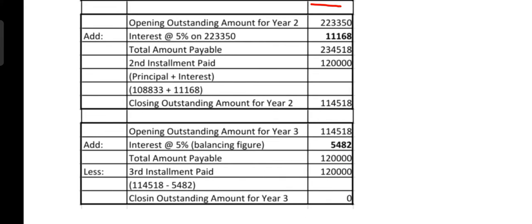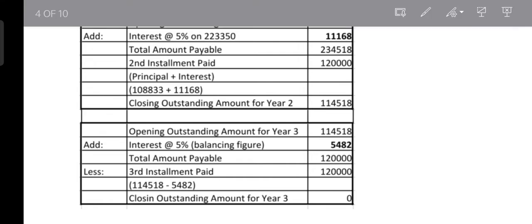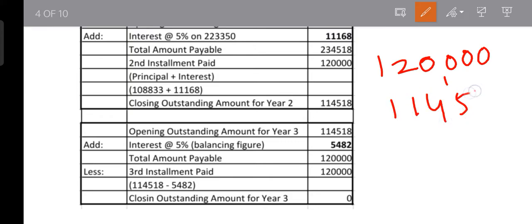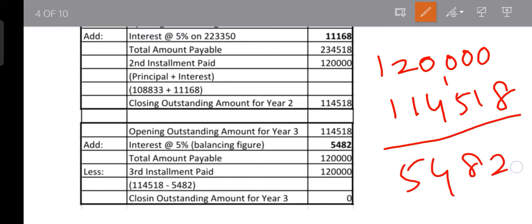So you are going to take the total installment paid in the last installment, this is 1,20,000. Out of that you deduct the opening outstanding amount, that is 1,14,518. If you deduct that, the balancing figure you get is 5,482. That is to be considered as the interest. Okay, don't find the actual value, it may be more, it may be less.